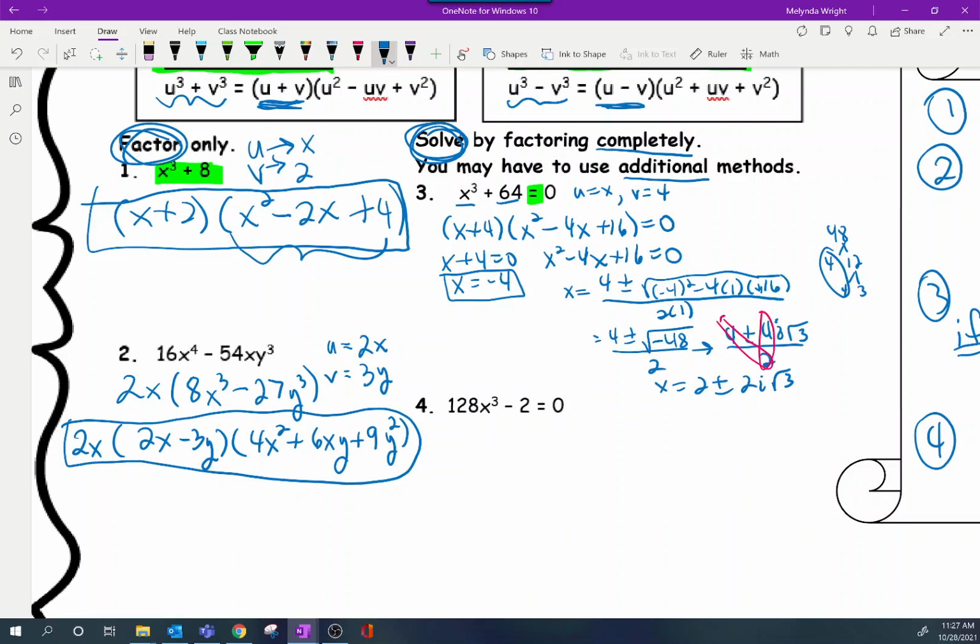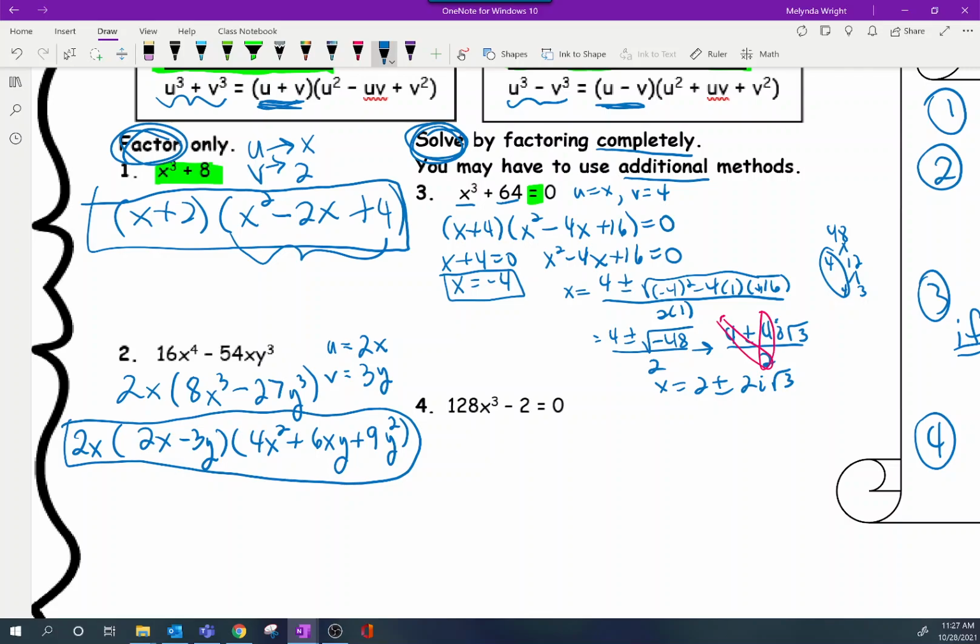All right, one more. Oh, look at that one. Goodness, 128. Well, we know 2 and 128 have a common factor of 2. That gives me 64x cubed minus 1. And yes, you guessed it, it is also perfect cubes. So 64 is 4 times 4 times 4, so u would be 4x and v would be 1.